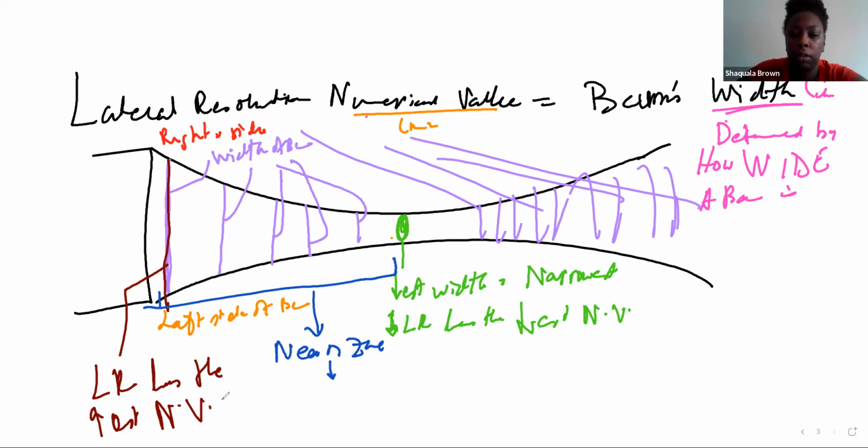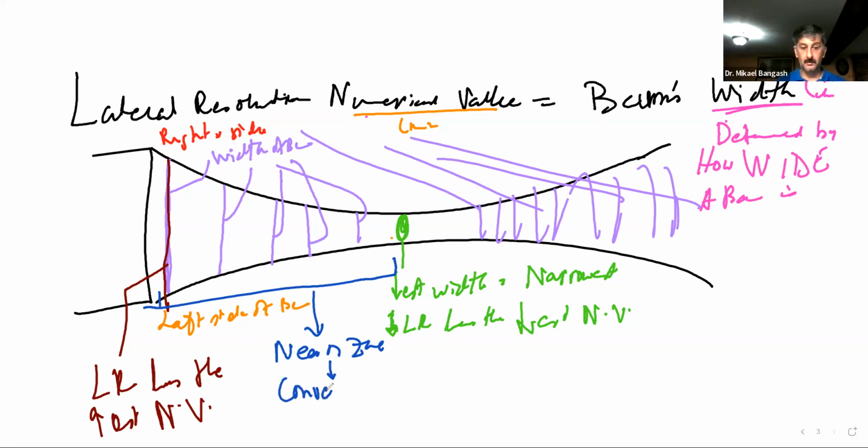It means it is going to converge, or become narrower. What does this narrowing mean? That the lateral resolution's numerical value decreases in the near zone, right?